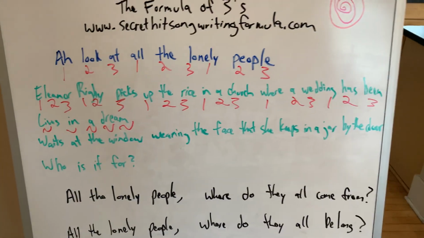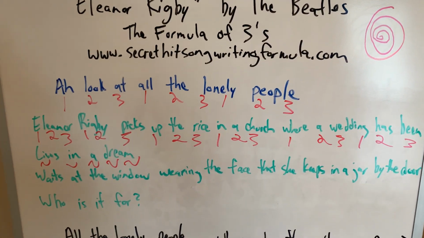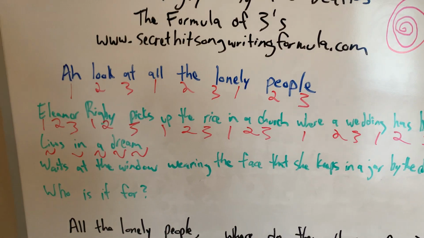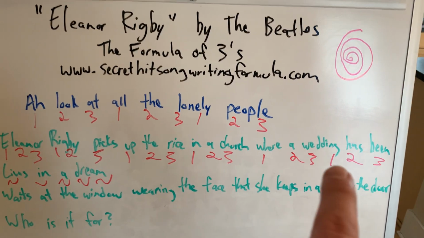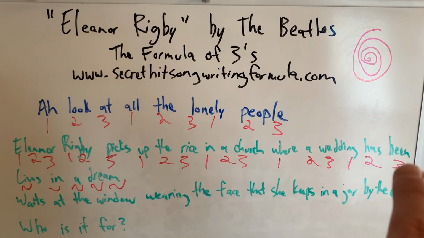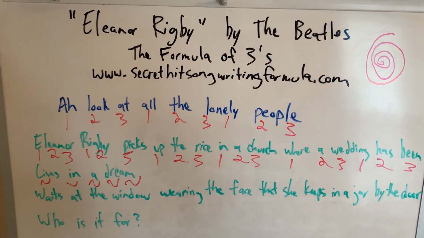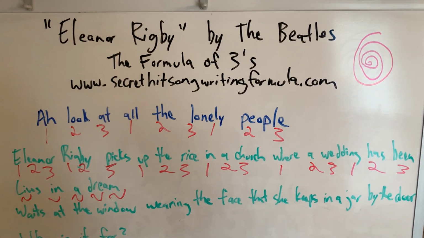We can see the first phrase, "Eleanor Rigby," isn't really 3 notes in and of itself, but when we look at the whole phrase until the big rest comes after the word "been," "Eleanor Rigby picks up the rice in a church where a wedding has been."